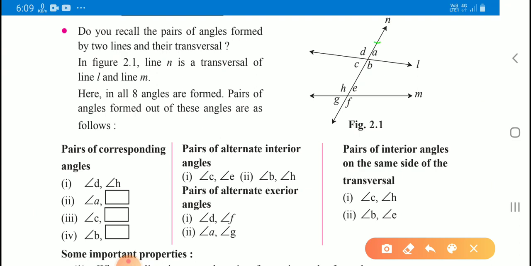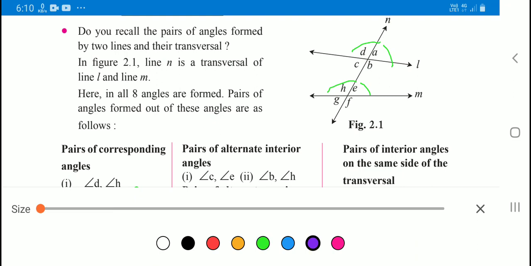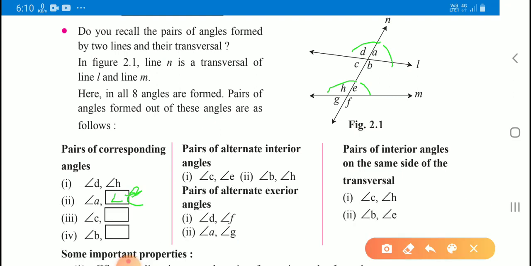You can see here these angles D and H. Now these angles A and E. Okay, A and angle E. After that, angle C and angle G. Okay, C and angle G. Now remaining pair is angle B and angle F. These all pairs are pairs of corresponding angles.